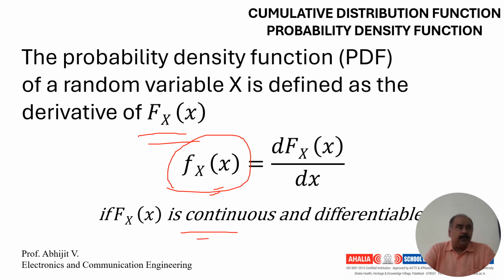Probability density function PDF is always continuous and differentiable. It applies to continuous random variables. So you should understand the difference between discrete and continuous random variables.